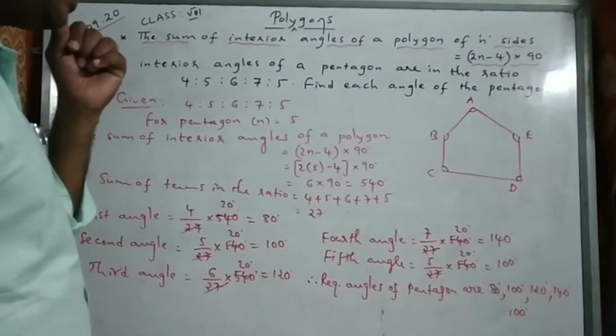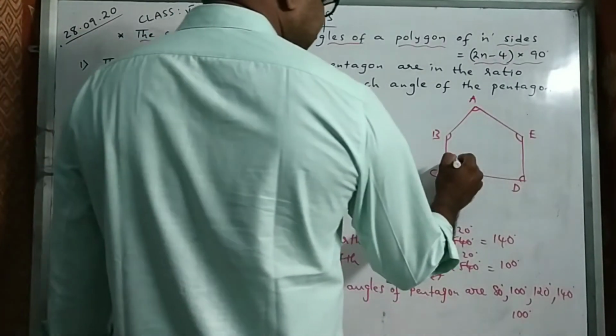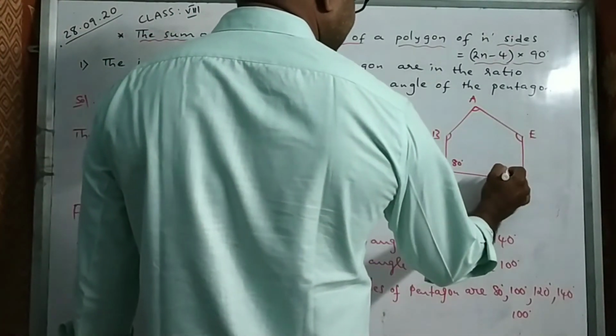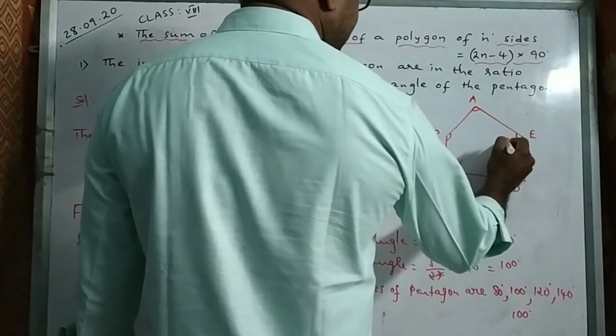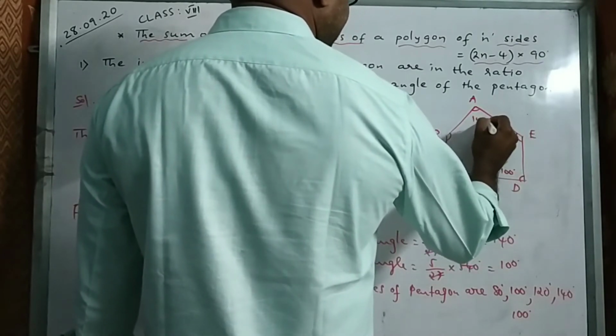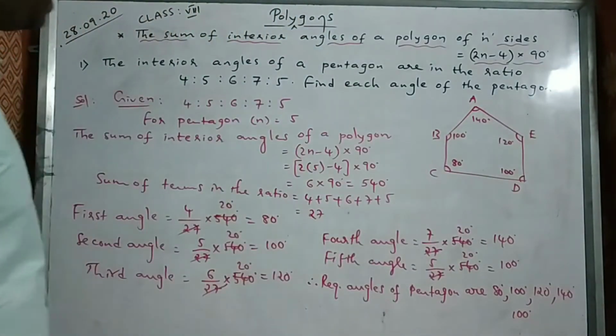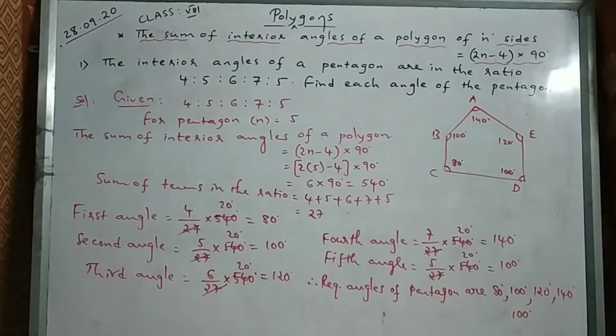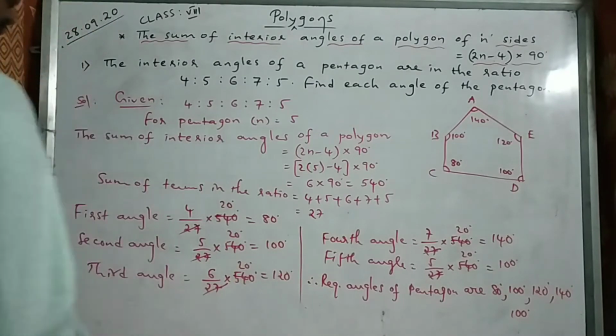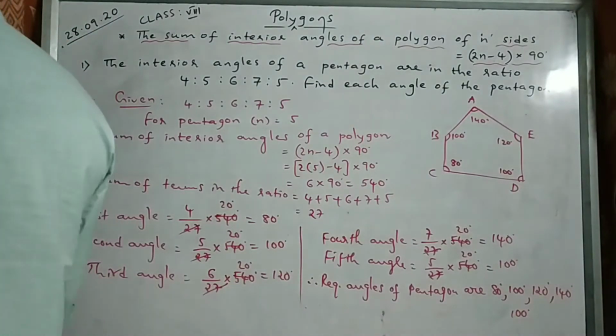So the sum will be 540 only. Okay. So this is the procedure of finding.